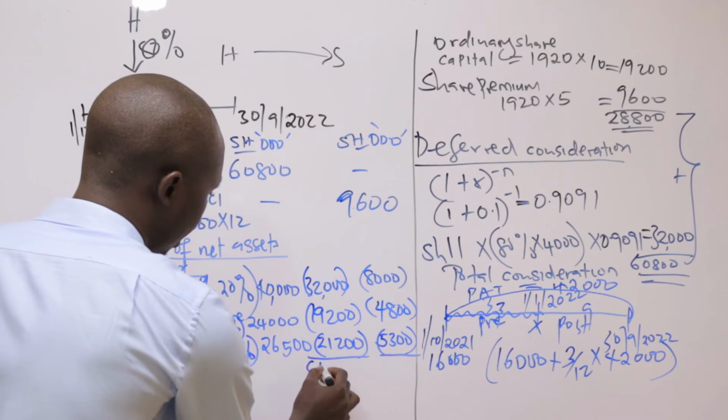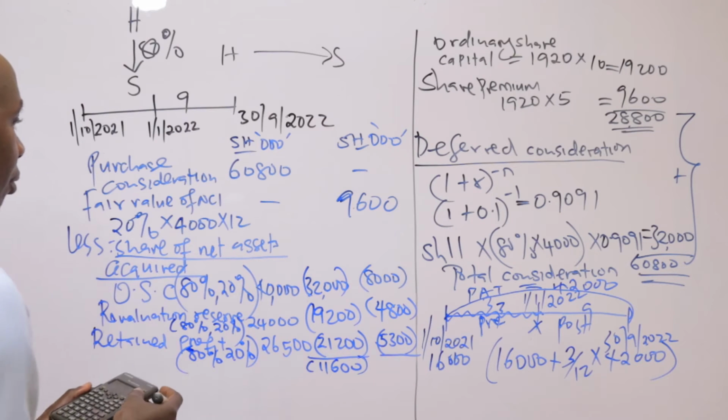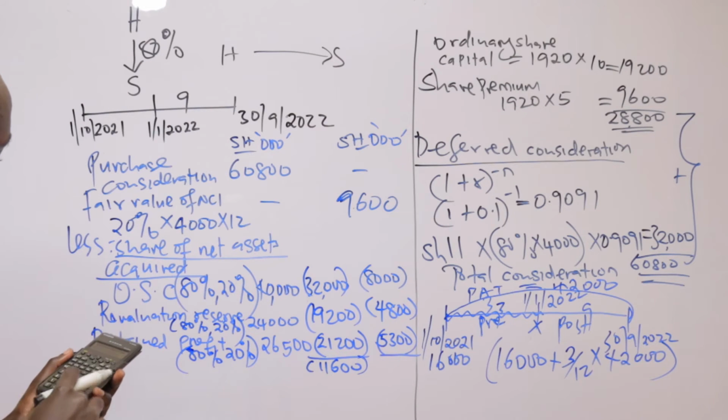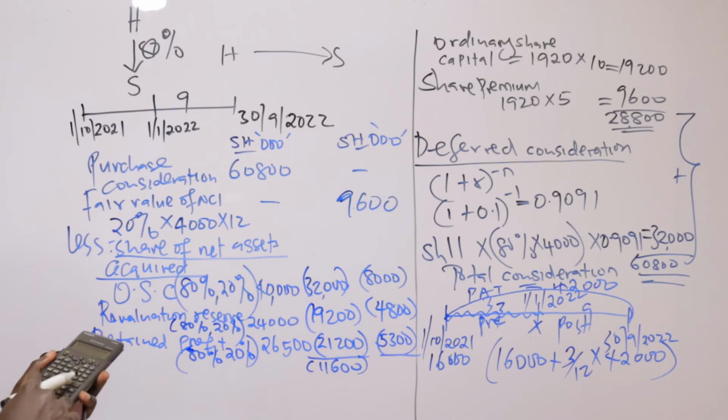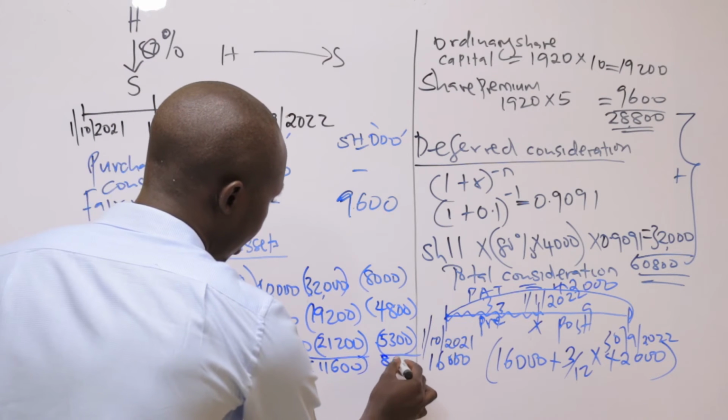So this is a negative of 11,600. 9,600 minus 8,000 minus 4,800 minus 5,300. So this is a negative 8,500.